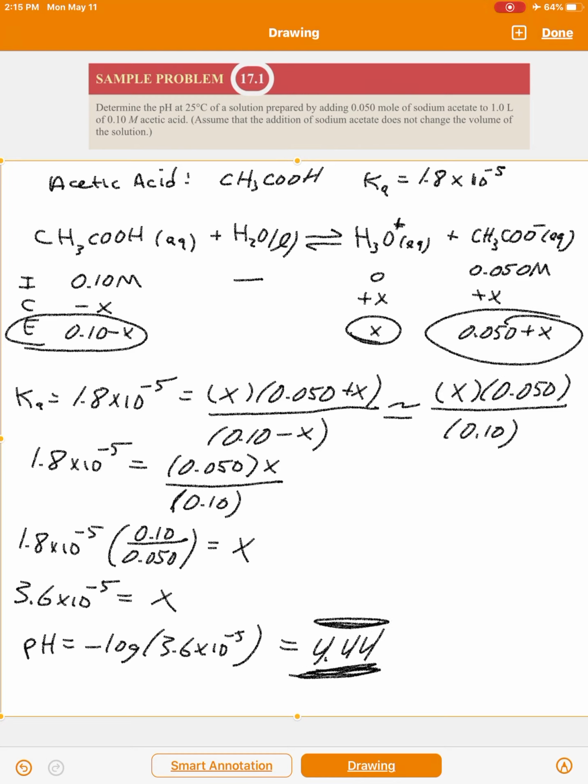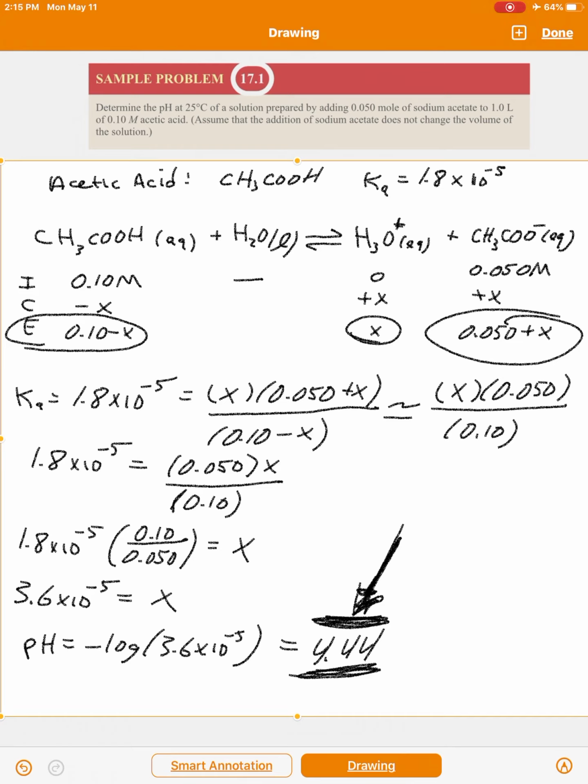Now I want to point out in the lecture problem for this section, if we had just had 0.10 molar acetic acid with no acetate added, the pH would have been 2.87. So notice the pH is much higher. This is the common ion effect in effect.